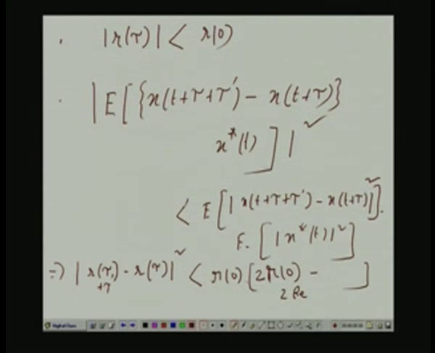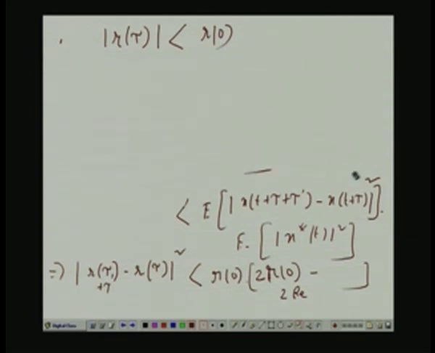I repeat again, because what are the cross terms? One cross term, maybe I work out here, was between these two times x t plus tau, and this guy is conjugated, expected value of that. That will give rise to what?